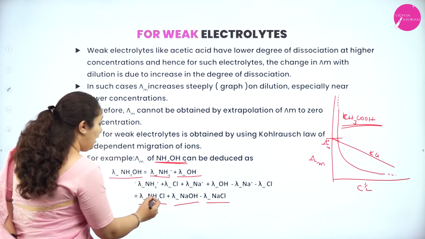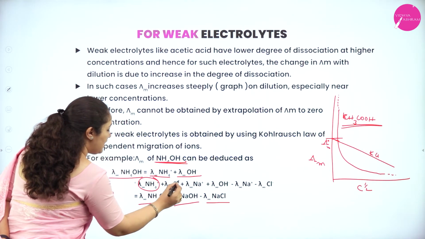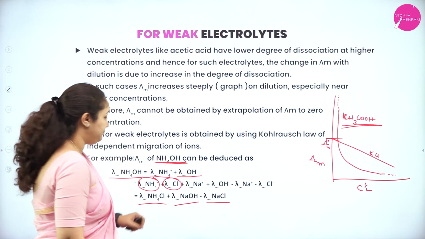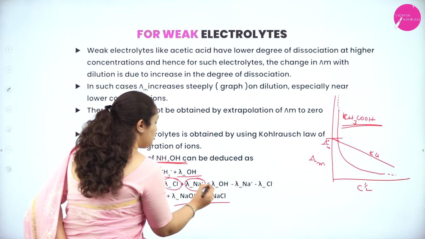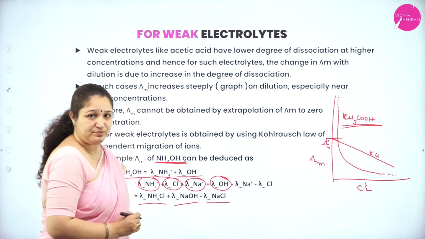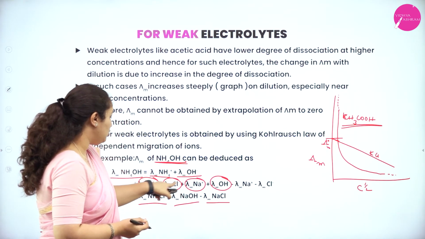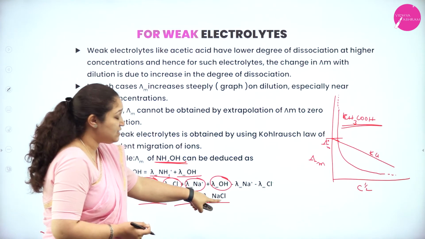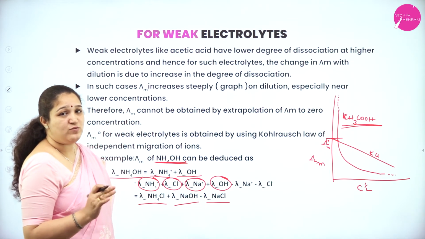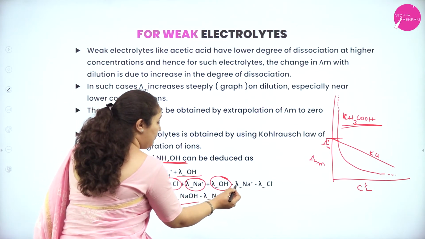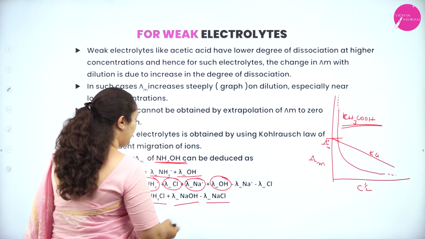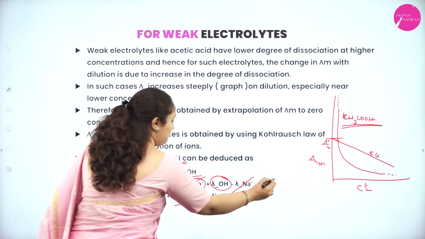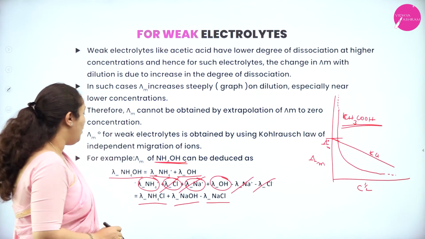How? See, ammonium chloride gives ammonium ions and chloride ions, so I get the limiting molar conductivity of ammonium and chloride. NaOH gives me sodium ion and OH- ion. Now, I add the two molar conductivities, of ammonium chloride and sodium hydroxide, and subtract the molar conductivity of sodium chloride. So here you see minus molar conductivity of sodium ion; plus and minus get cancelled. Again, plus and minus for chloride get cancelled. So what remains?